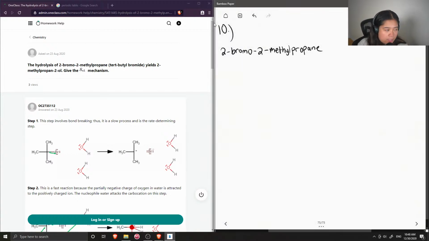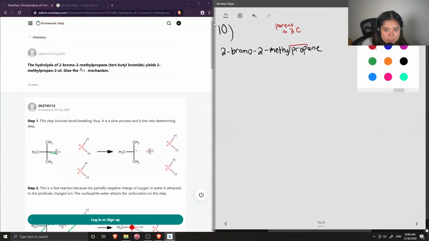So if we try to write down the structure of this compound, let's first identify the parent group. When we have prop, this means that our parent chain is 3 carbons long. And the fact that it ends in ane tells us that there are only single bonds involved.